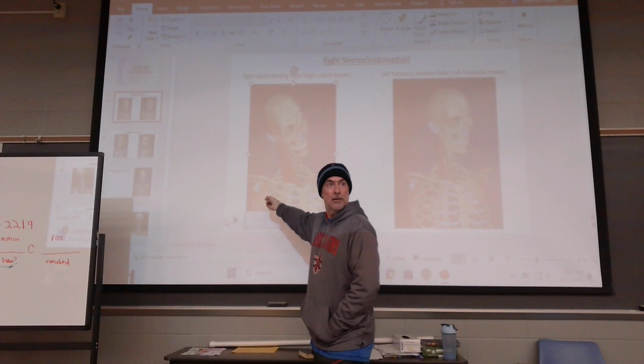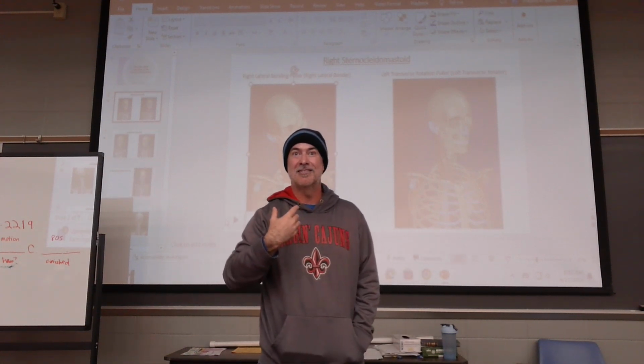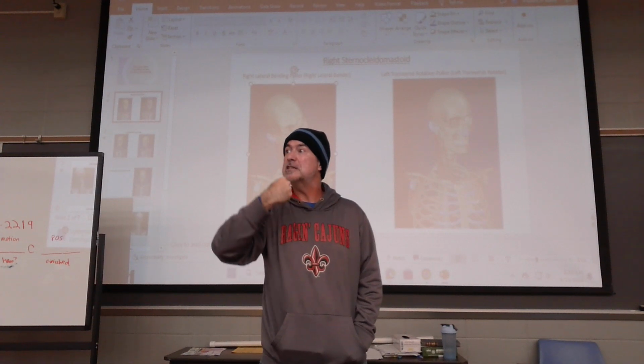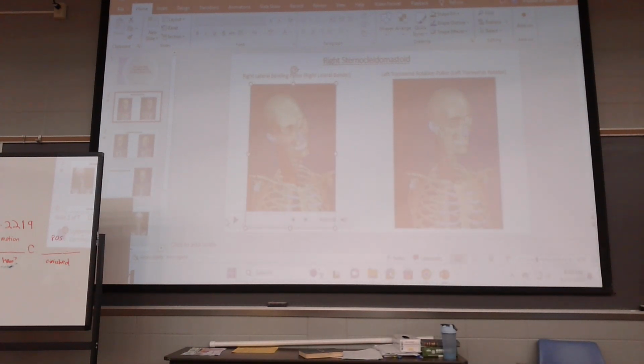Does that make sense? It has nothing to do with whether it's on or not, or whether it's working or not. It's how does it pull? So these visuals help us see how this muscle, which originates at your sternum and clavicle and goes to your mastoid process, which is basically your ear, is trying to pull your right ear to your right shoulder. That's how it pulls. Cool?